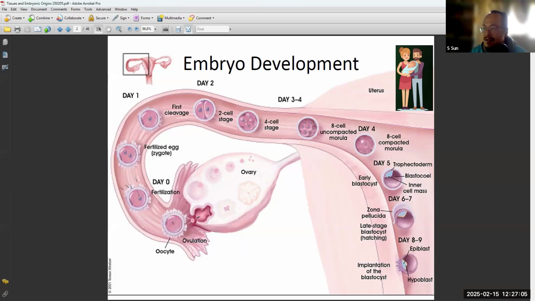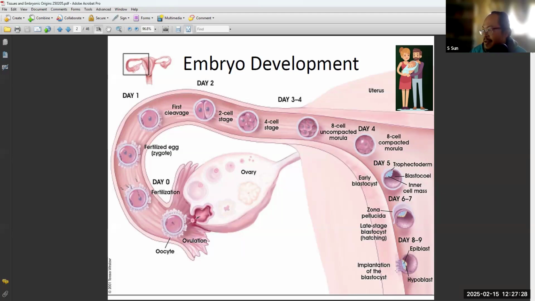Then the zygote will start to divide, and it takes about a week. This divided group of cells will land on the organ wall of the uterus. When they land on it, they will form the placenta.